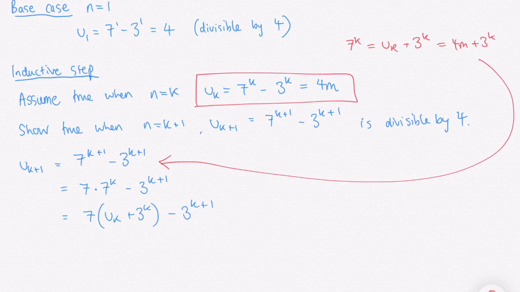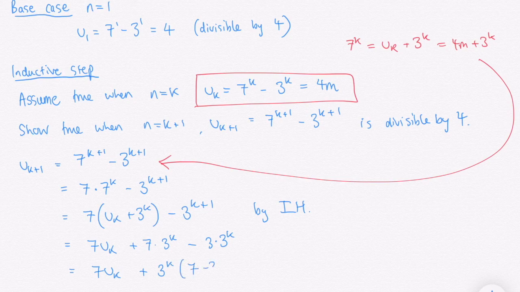And if we expand this out, we get 7u_k plus 7 lots of 3 to the k minus, well, this is 3 lots of 3 to the k, which is 7 lots of u_k. And if we take a factor here of 3 to the k, we have 7 subtract 3.